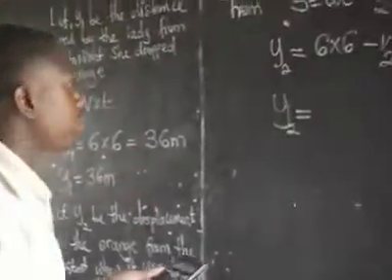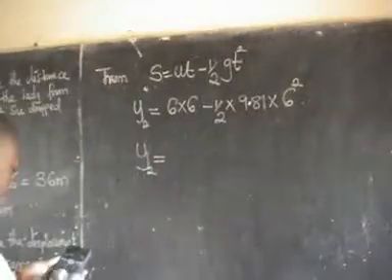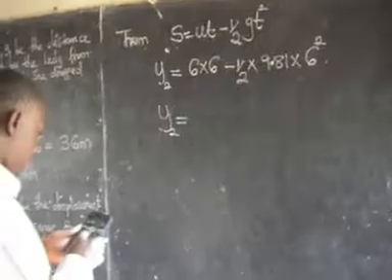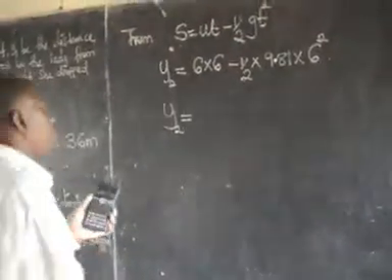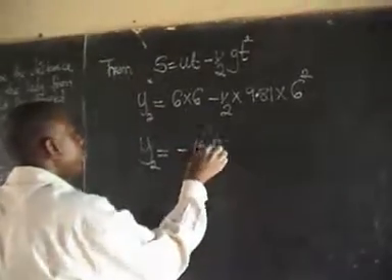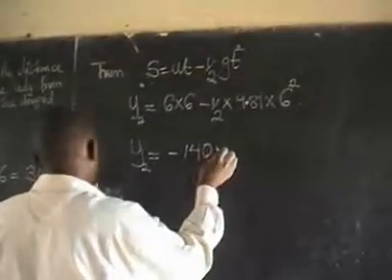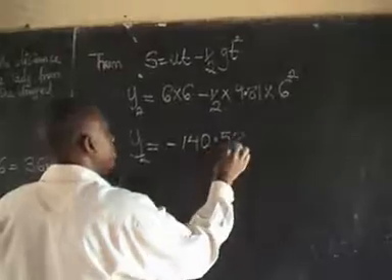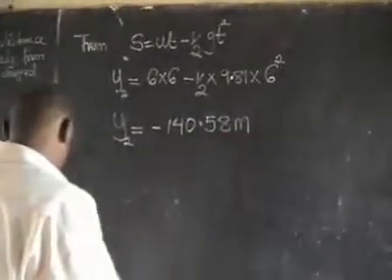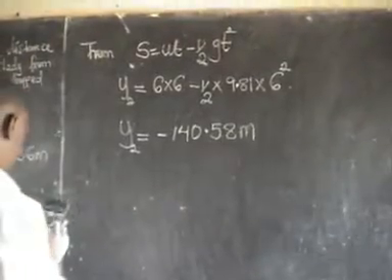So we are having, I'm getting negative 140.580 meters.